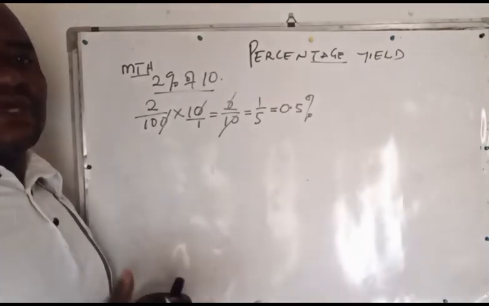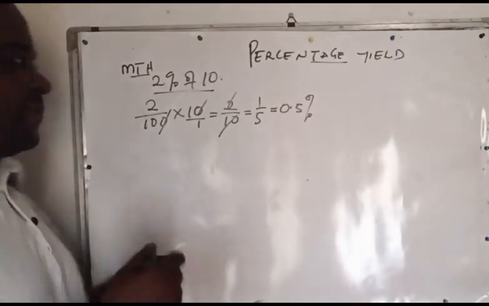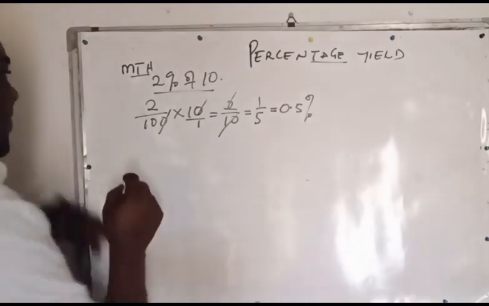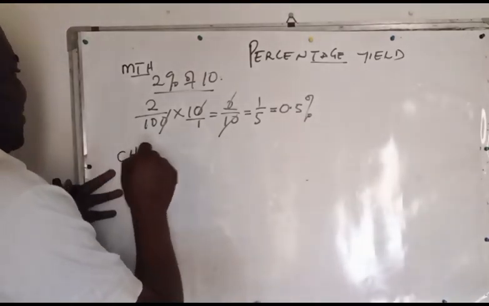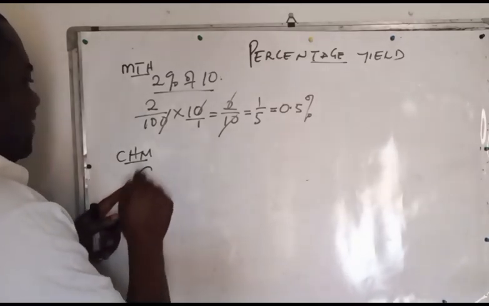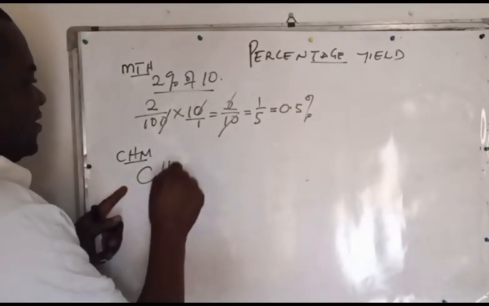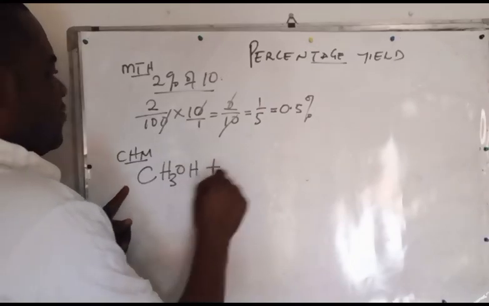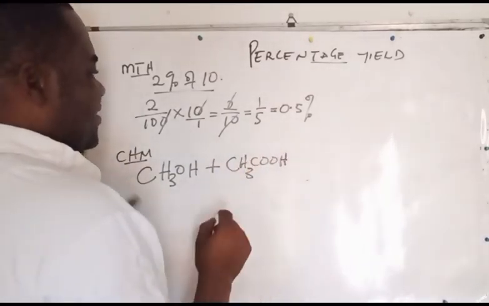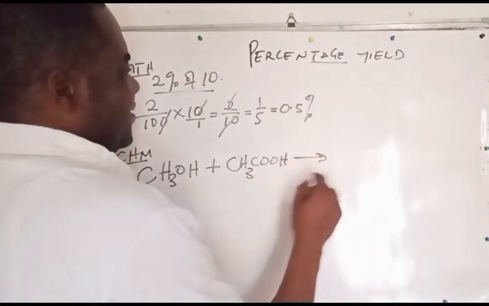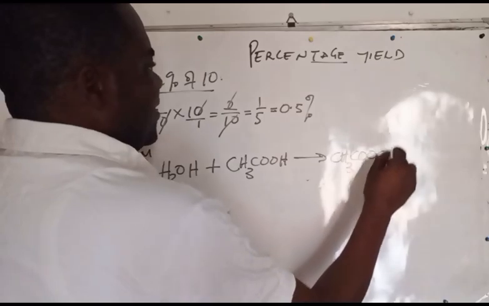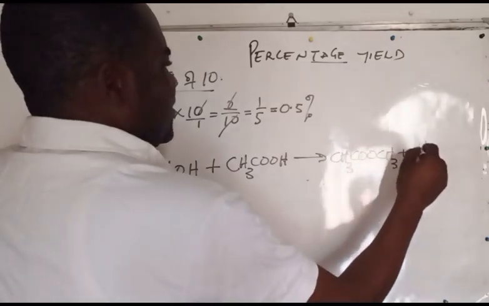Now let us take a good look at one chemistry example, say the formation of an ester. In chemistry we are given a question, and you have an equation: ethanol reacting with CH3COOH, which is ethanoic acid, and it gives us CH3COOCH3 plus water.